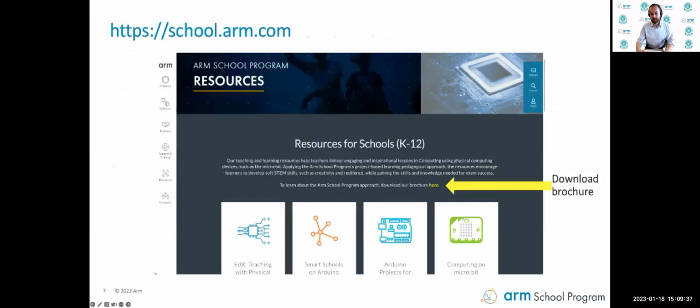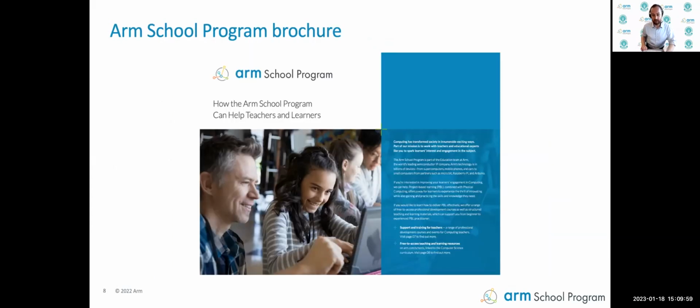And here it is. So this is what it looks like. At the top of the page, I'd really point you towards this. There is a link to a brochure which you can download, and it really does walk you through end to end the ARM School program, our approach, and the support that we offer teachers. And this is what that brochure looks like.